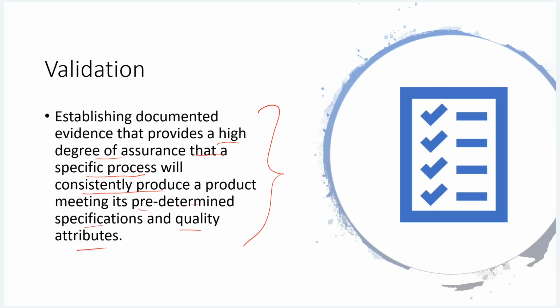We are going to fix the ingredients of the process, the quantity of the ingredients, the quality of the ingredients, the parameters of the equipment or the systems, everything we are going to fix. Why are we fixing this? To get the consistent, same output. By fixing everything, we want to get a fixed output, and that output should be within the fixed quality, within the fixed specification and qualitative attributes, isn't it?